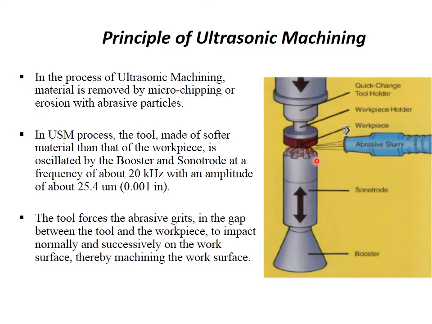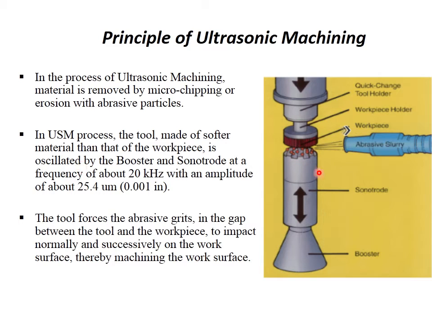Also remember that the tool used here does not follow the thumb rule of conventional machining, right? Unlike conventional machining, the tool is made of a softer material than the workpiece material, because the role of the tool is not to cut the material.